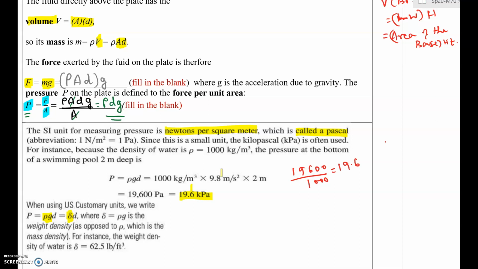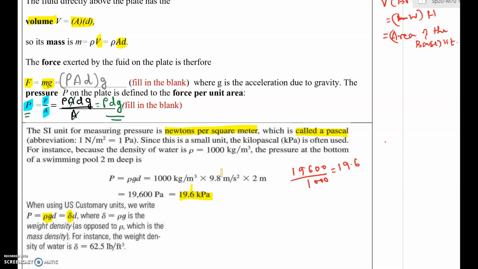Here, in summary, force is rho A D g. Rho is the density, A is the area, D is the depth, and g is the acceleration due to gravity. Pressure is rho D g. Rho is the density, D is the depth of the fluid, and g is the acceleration due to gravity.